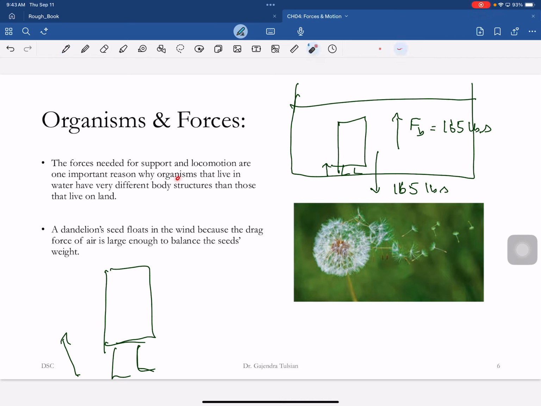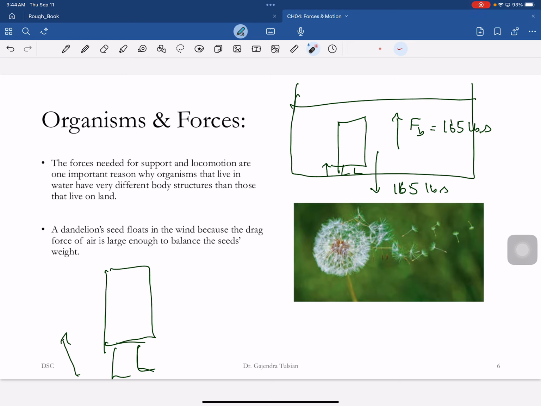Organisms that live underwater have different body structures than those that live on land. Now here's another structure that is dictated by what you want to do. A dandelion seed floats in the wind because of the drag force. Here's a dandelion seed, and why does it have these hairy structures?